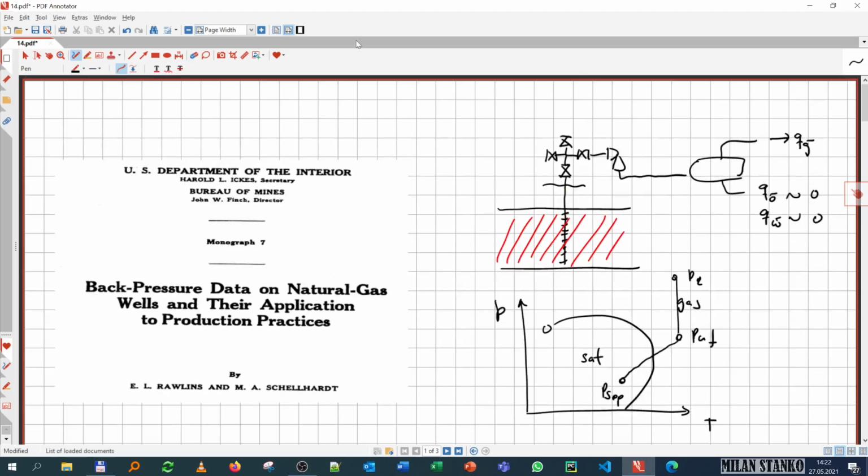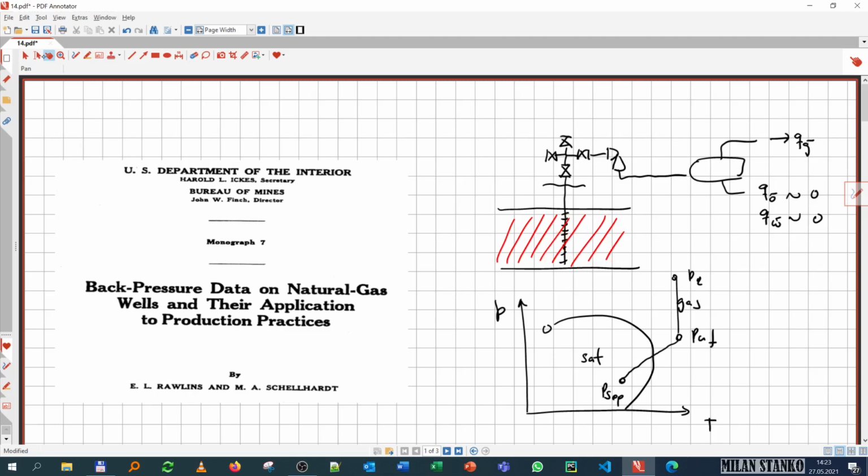Similar to what was done for undersaturated oil and for oil wells, there were also people working with gas, with dry gas. They were like two different families. I'm not sure if they spoke too much with each other, but they were working on methods for their particular fluids, for oil and for gas. They were also trying to characterize the performance of the near wellbore inflow.